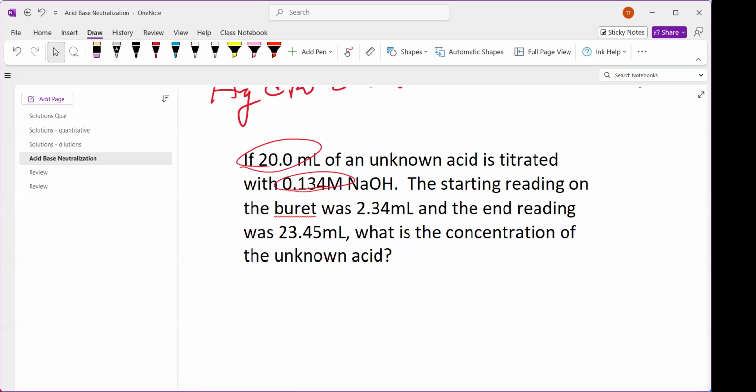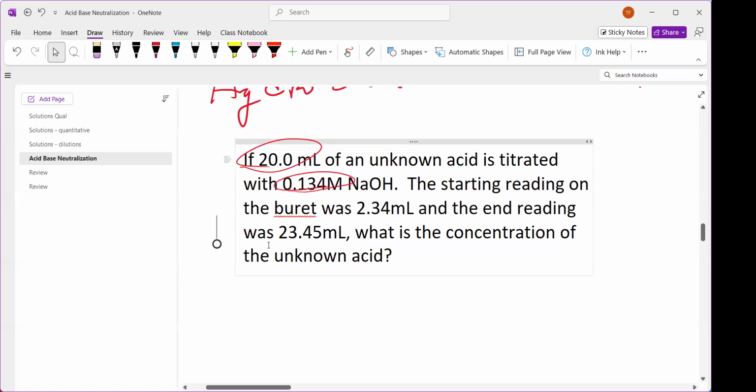If 20 mLs of an unknown acid is titrated with a 0.134 molar sodium hydroxide, what's the concentration of the unknown acid? And this is basically lab 16. We're doing lab 15 today. Okay, so what do we know here?